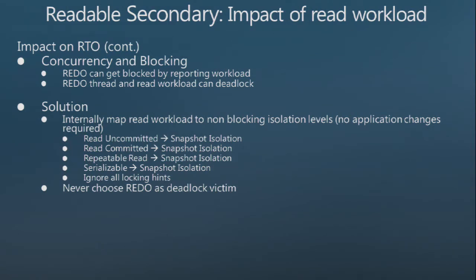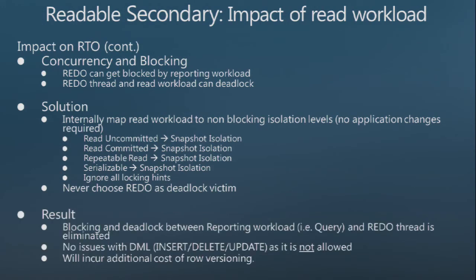So in this example, if I was running my reporting workload under repeatable read, because internally we converted that to snapshot isolation, the reporting workload is not going to take a shared lock on row R1. So when the redo thread wants to update that row, it will succeed without any blocking. So this is a good thing.